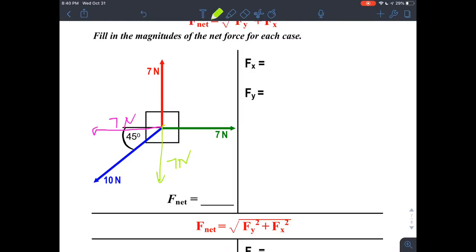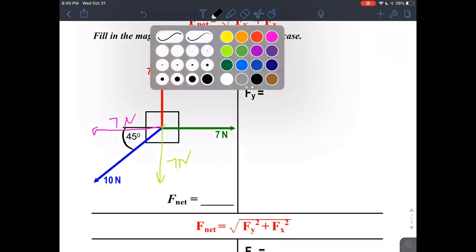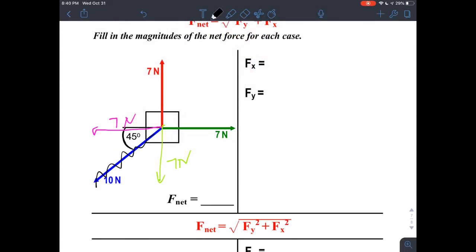Because this 10 newtons from the last set of problems is the result of a vertical force of 7 newtons and a horizontal force of 7 newtons. So this 10 newtons, we'll strike it out, because we have our 7 newtons left and our 7 newtons down now.